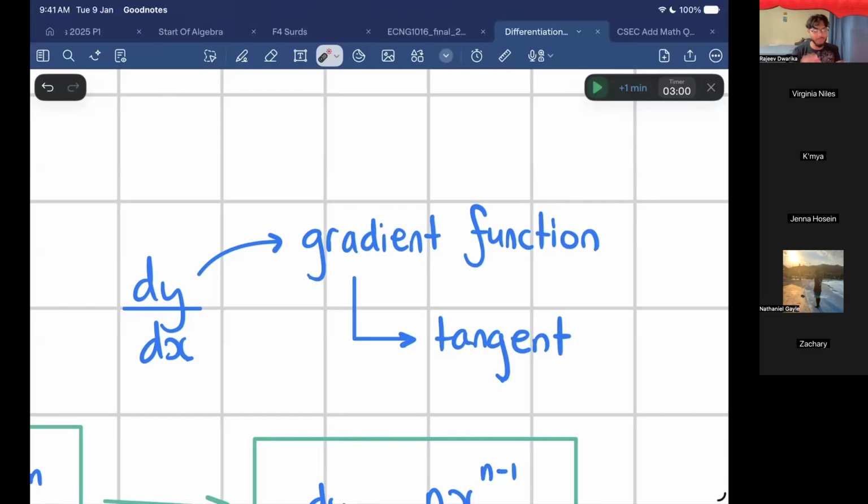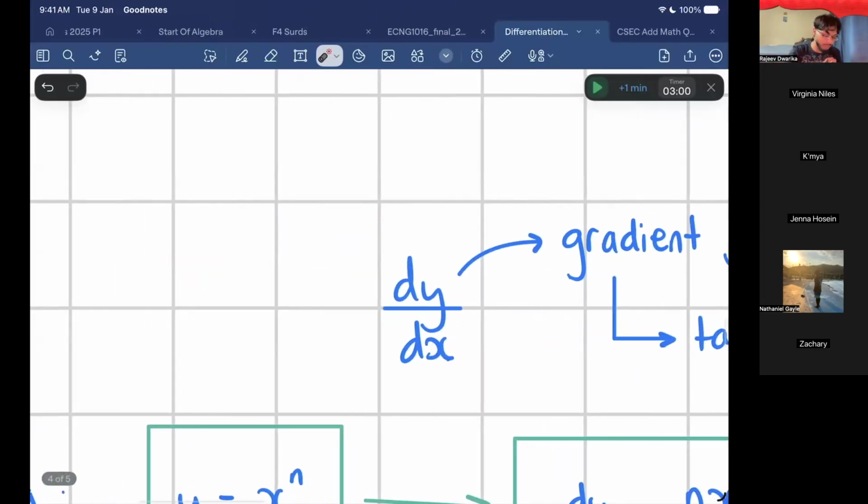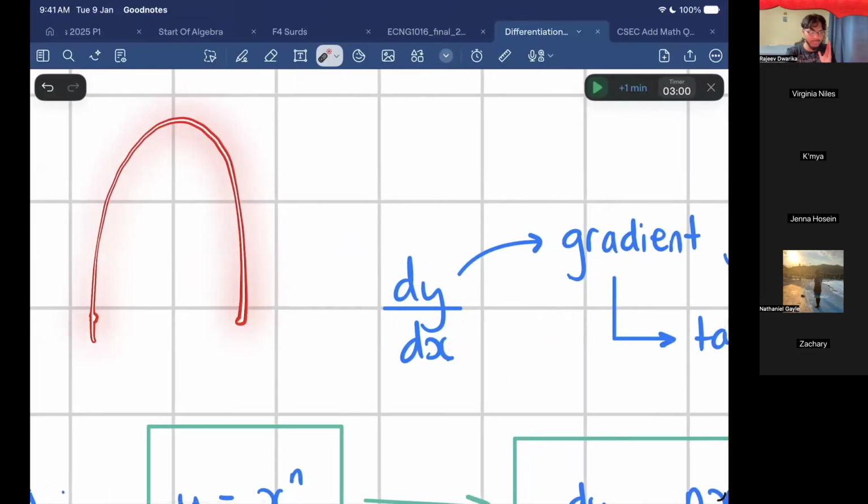Right? So the first derivative, or dy/dx, tells us the gradient function. Wait, let me show you a visual representation. Watch. Can you see that the slope changes everywhere? I feel like you're confused. Are you confused or do you understand? No, I understand so far. Let me make sure you understand.